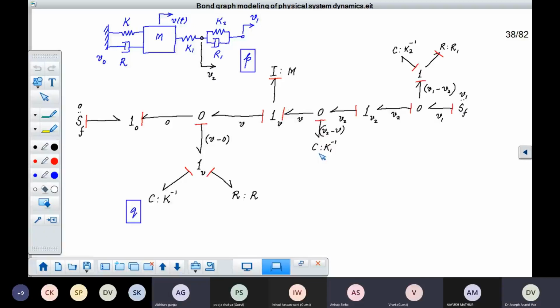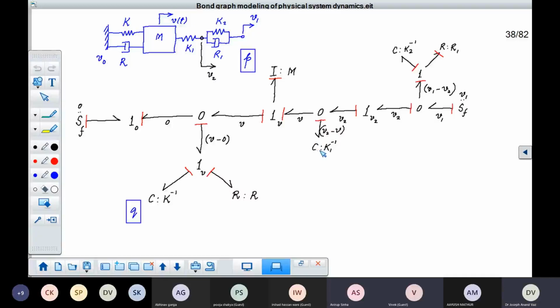Yes, you see there is a relative motion across this spring, so you take the relative motion. The motion across the spring is V2 minus V. So we took the relative motion across the spring.